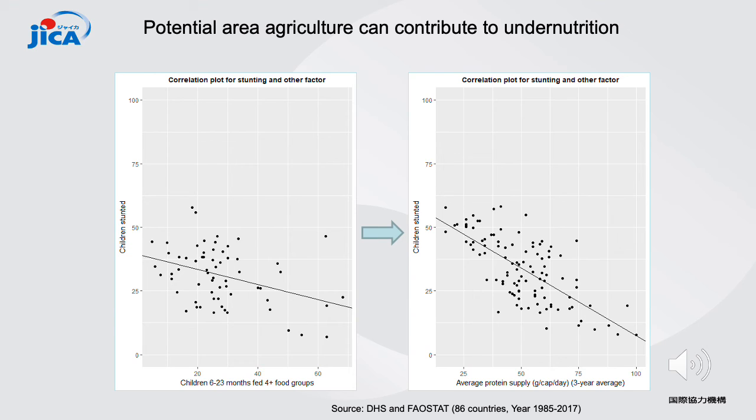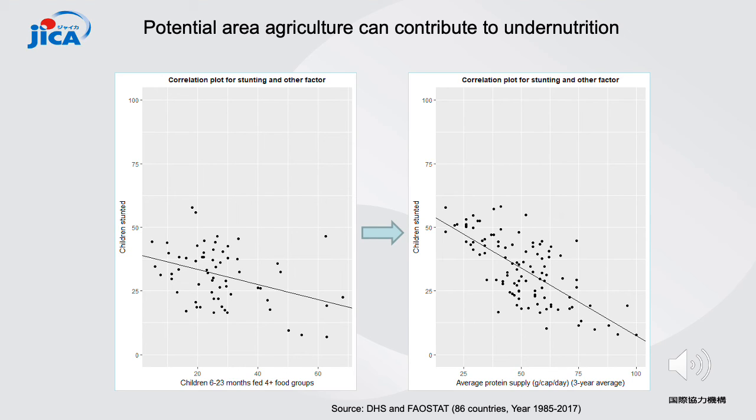And this graph shows the difference of the impact of theoretical and practical approach for stunting. The graph on the left hand is relationship between dietary diversity and stunting. So it shows the impact of practical approach.